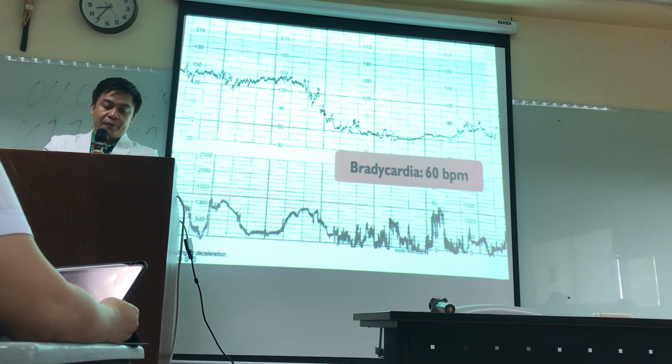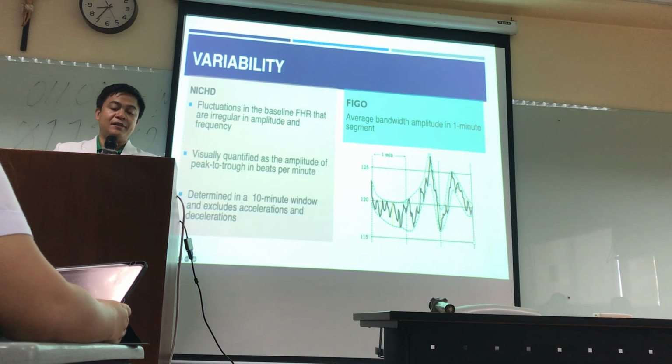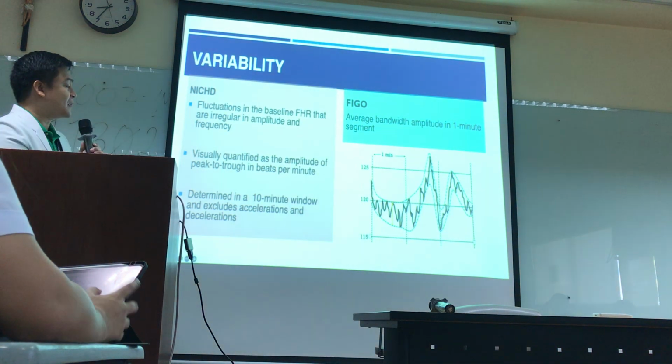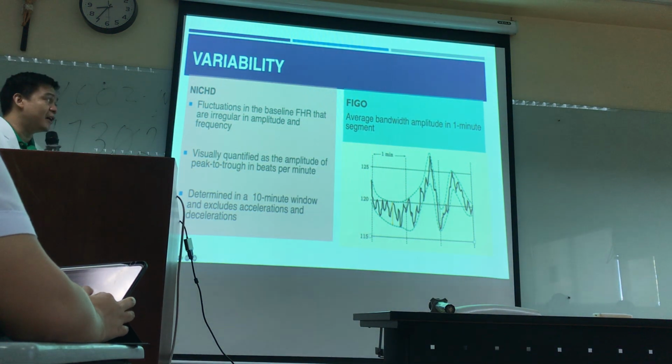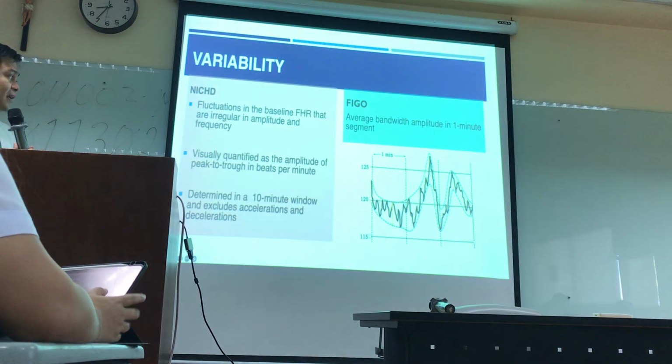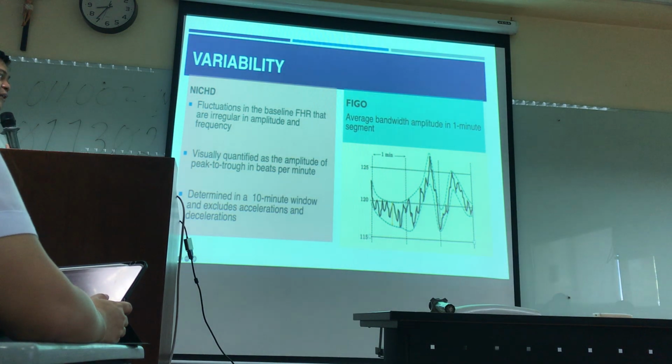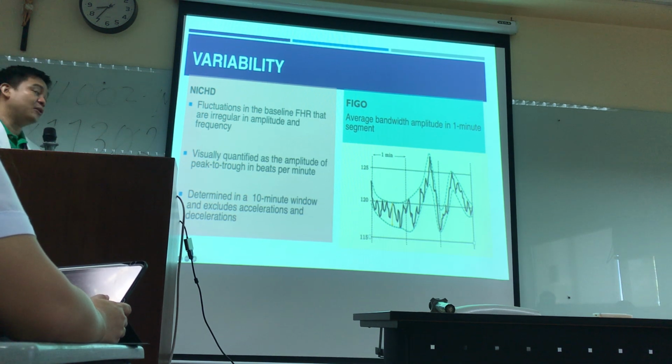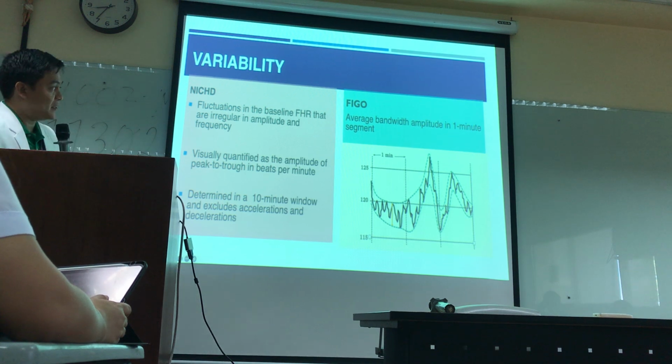Okay? So what is variability? It's the fluctuations in the baseline fetal heart rate that are irregular in amplitude and frequency. So they are usually visually quantified as the amplitude of peak to trough in beats per minute and determined in a 10-minute window and excludes your accelerations and decelerations.